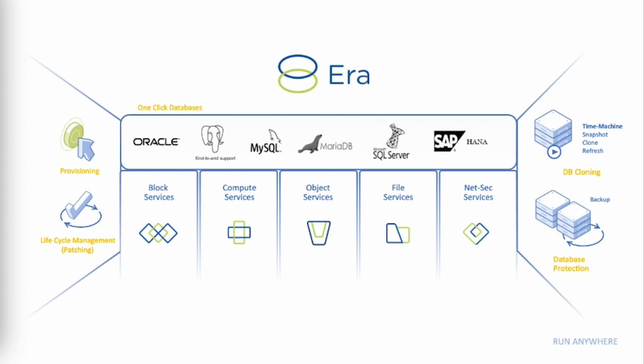And so the benefit of running a database service on Nutanix is that we plug right into the underlying platform. We're able to take advantage of the block services, the compute services, object level storage and file services that we provide as a company, and merge that with things such as Flow.